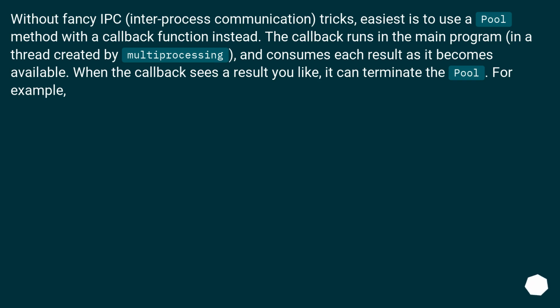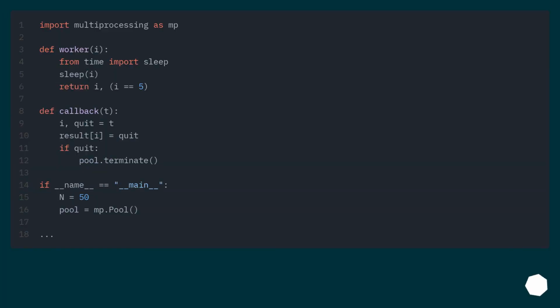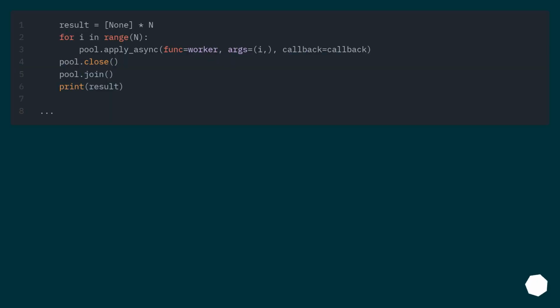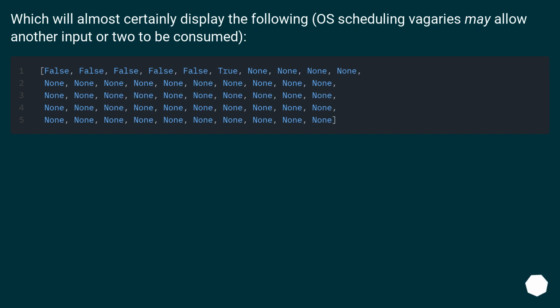For example, which will almost certainly display the following: all scheduling vagaries may allow another input or two to be consumed.